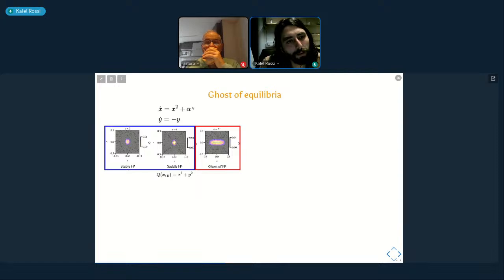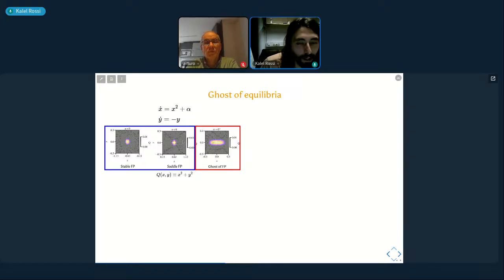For this alpha parameter below 0, you have two equilibria in your system. You have a stable node on the left and a saddle point here on the right. As the parameter alpha approaches 0, these two fixed points, these two equilibria, approach each other in phase space. They eventually collide at alpha equals 0.